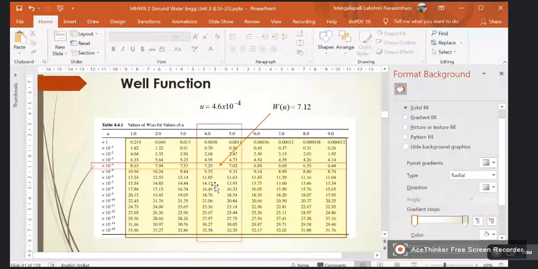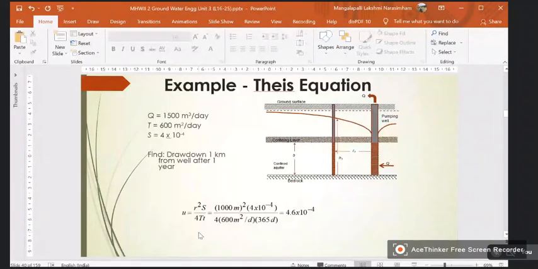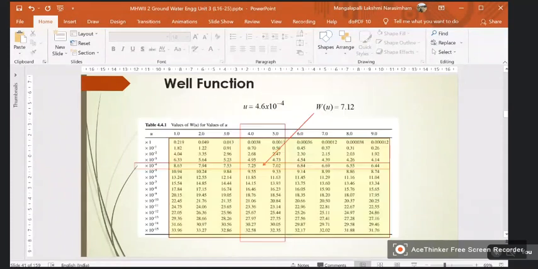So this is how we can get the value of W(u) for a calculated value of u. Now, in the present example, this is 4.6 into 10 to the power of minus 4. But here we have the values of well function for 4 into 10 to the power of minus 4 and 5 into 10 to the power of minus 4.